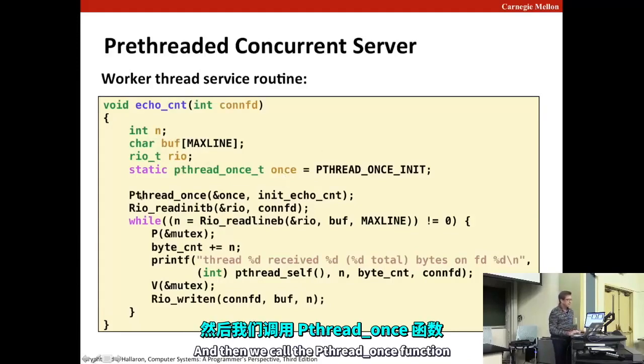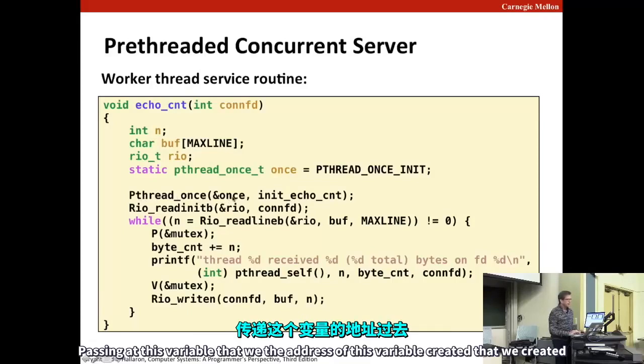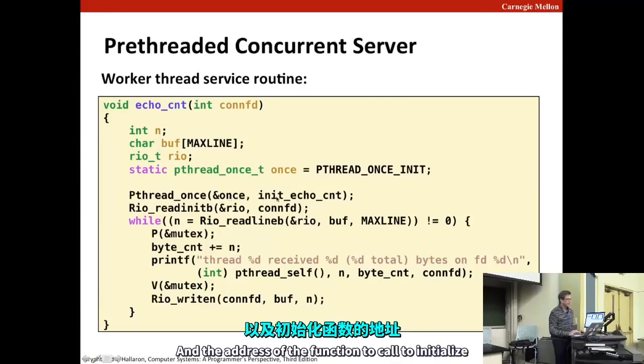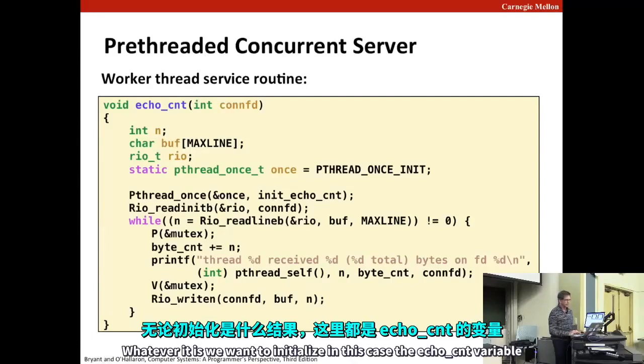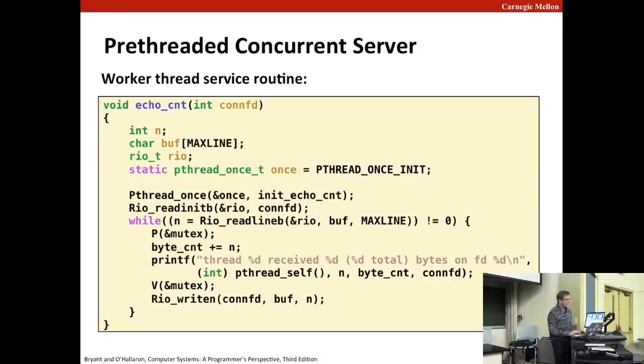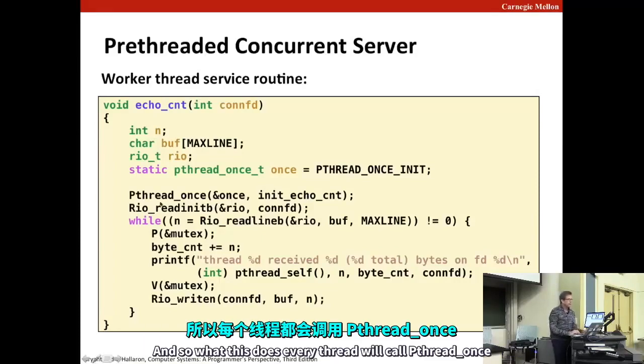And then we call the pthread once function, passing it the address of this variable that we created, and the address of the function to call to initialize whatever it is we want to initialize, in this case the echo count variable.